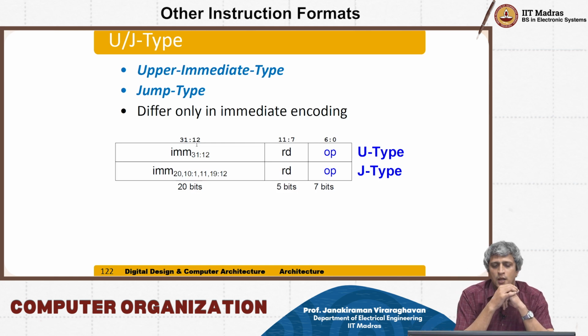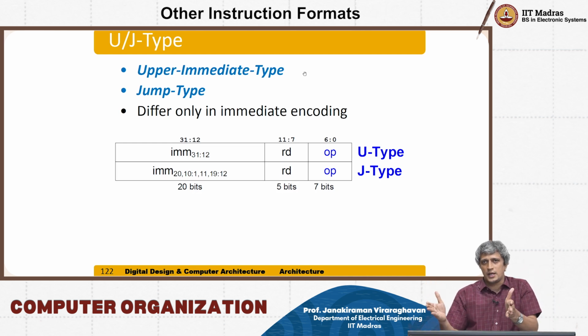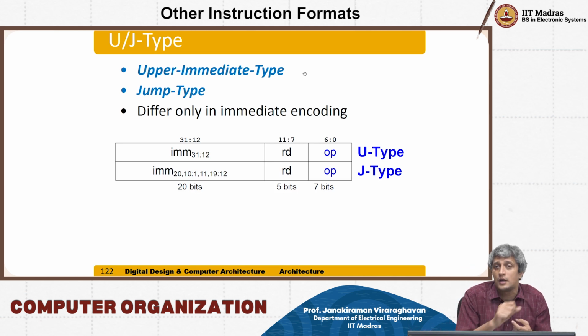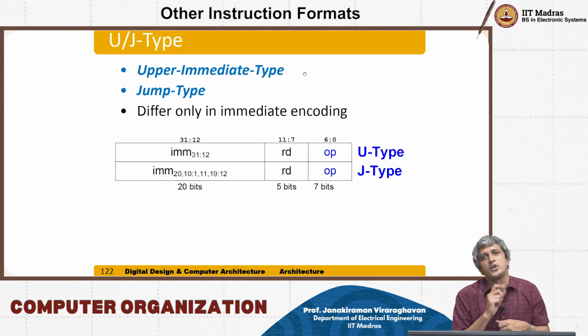For this reason, there is an upper immediate type. If you want to get 32 bits of immediate data into a register, it has to be done in 2 steps. You first get the lower 12 bits, 0 to 11, and then you get the higher 20 bits, which is 12 to 31.